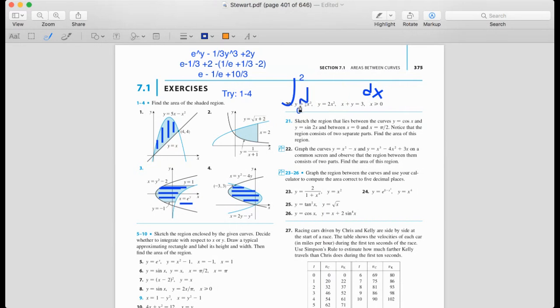So square root of x plus 2. Because this function is on the top, this is the f. What about the lower function? Lower function is 1 over x plus 1.